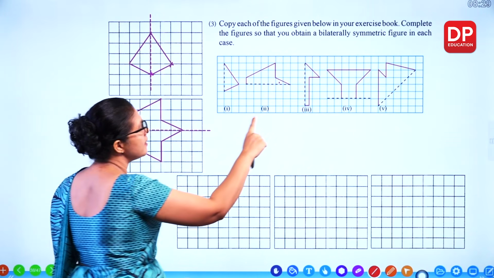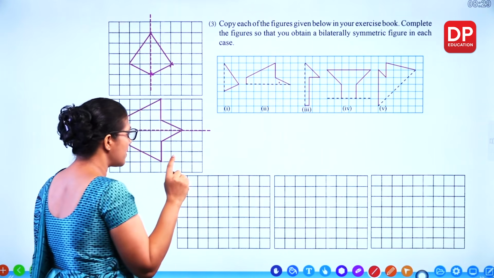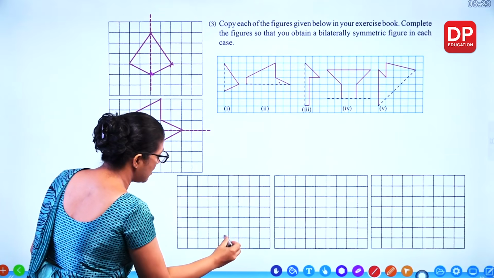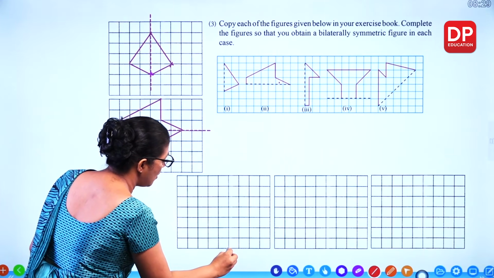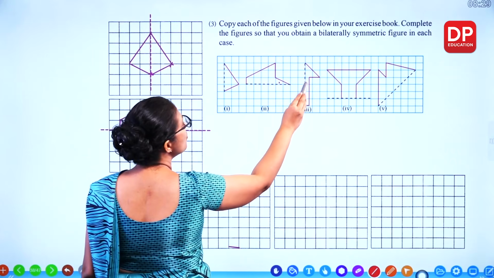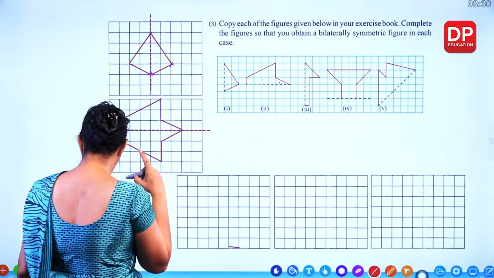Now take a look at the third one. 1, 2, 3, 4, 5, 6 squares are there. So we can start from here. 1. So how many squares here? 1, 2, 3, 4. 4 up. That's half of a square.